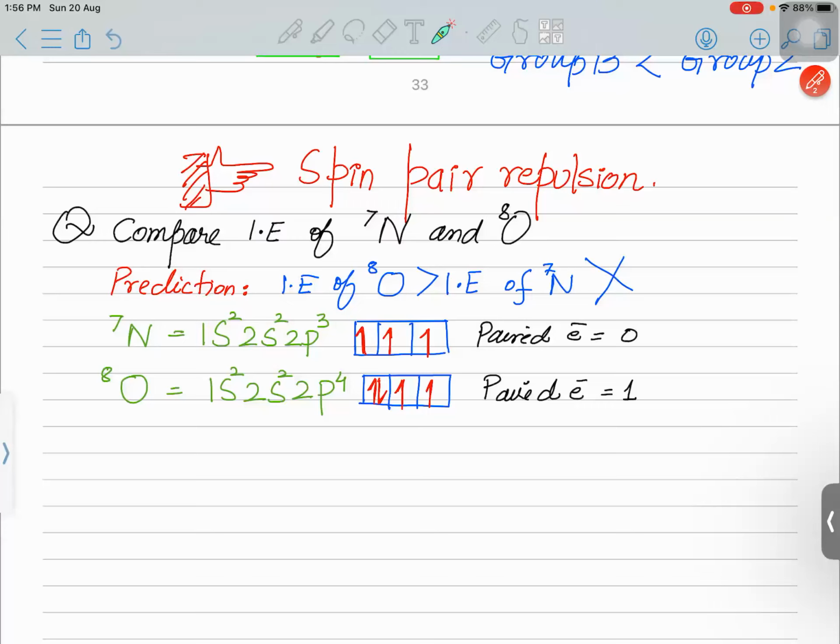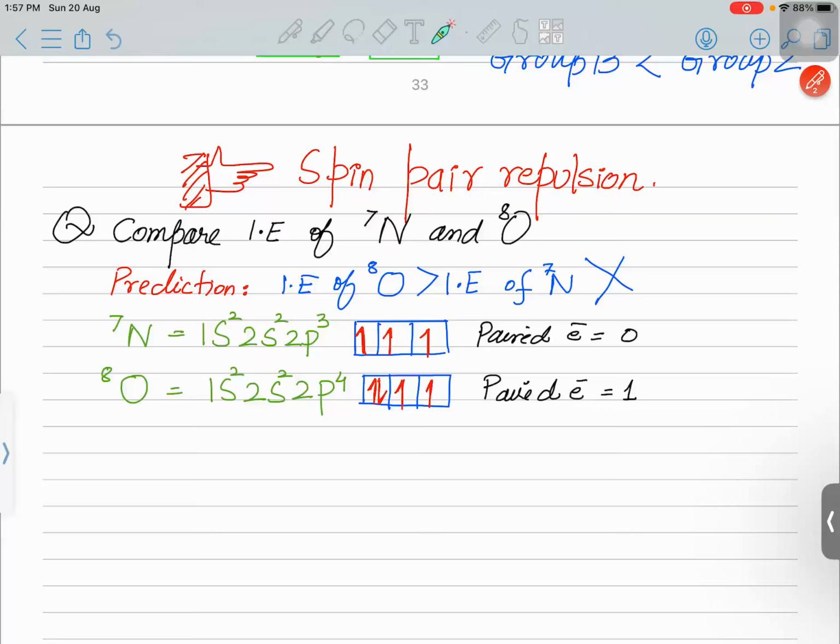I think nitrogen, because there are 3 electrons over there, but in oxygen you have 4 electrons. Yeah, but 2 of them are already paired. In nitrogen all are unpaired. In oxygen they are paired.